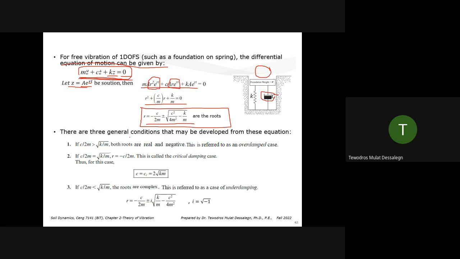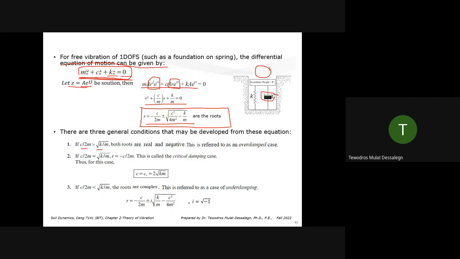So there are three general conditions that may be developed from this equation. One, C by 2m greater than the square root of k by m. Now look at it in this form. C squared by 4m squared means C by 2m, the whole squared, right?